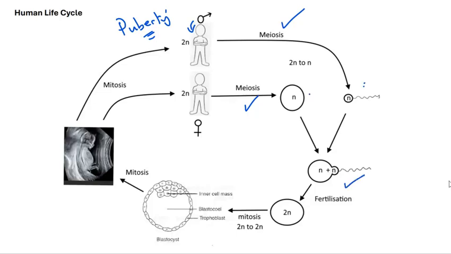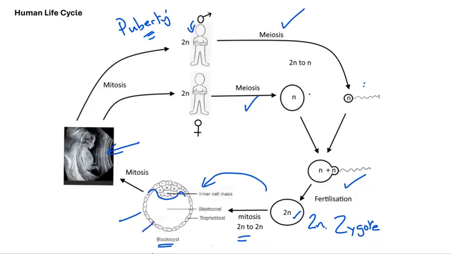We'll take a look at the fertilization process and the restoring of the diploid number, and then the embryonic development of the single fertilized egg cell, the so-called zygote, which divides by mitosis to produce the so-called blastocyst, and that will give rise not only to the placenta structure, which comes from here, but also the embryo, which comes from this inner cell mass here, and that will then eventually give rise through embryonic development and fetal development to the child, and then that child is born only to then mature to puberty, and the cycle continues once more.